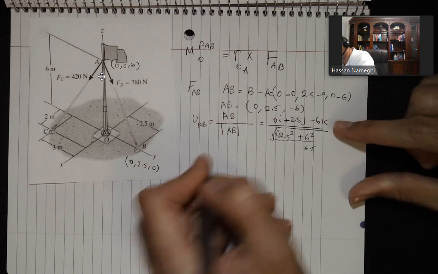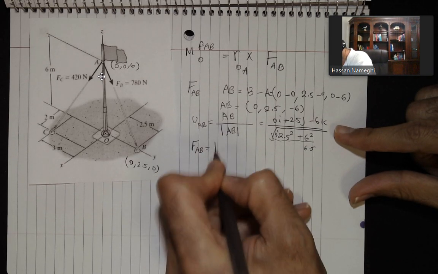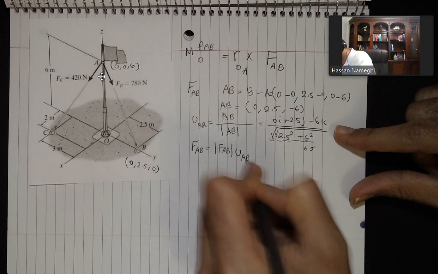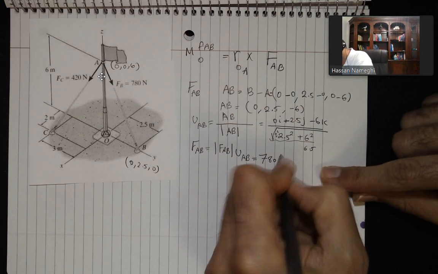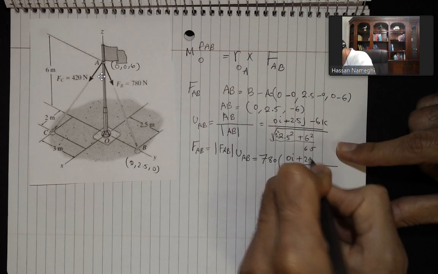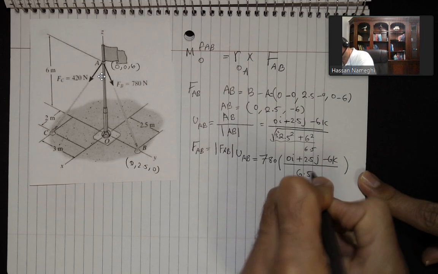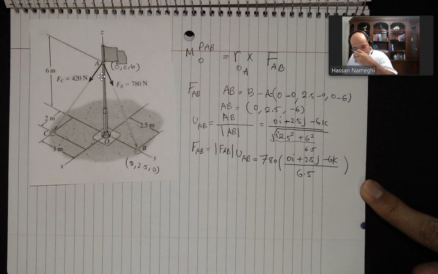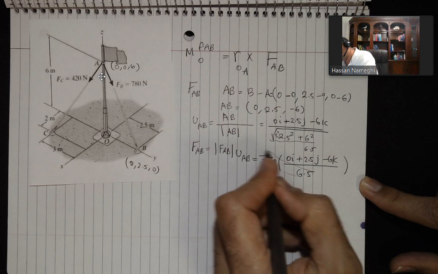So let's keep it like this, and then I have FAB equal to the magnitude of FAB times UAB. The magnitude is 780 Newton, times 0I plus 2.5J minus 6K divided by 6.5. The easier way is just to divide this by that. 780 divided by 6.5 is 120.